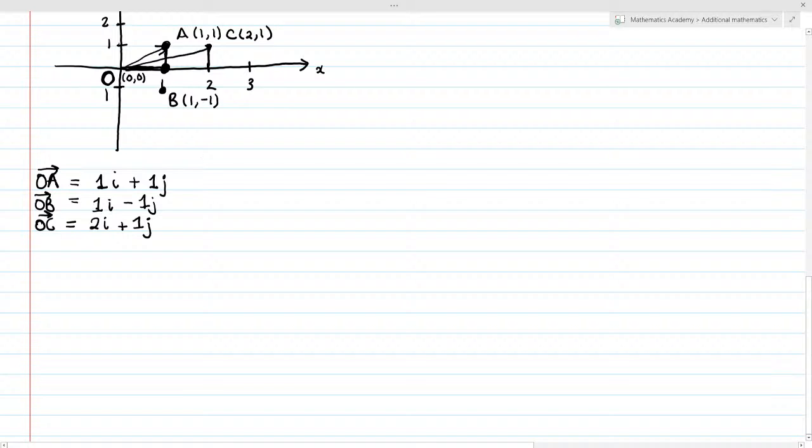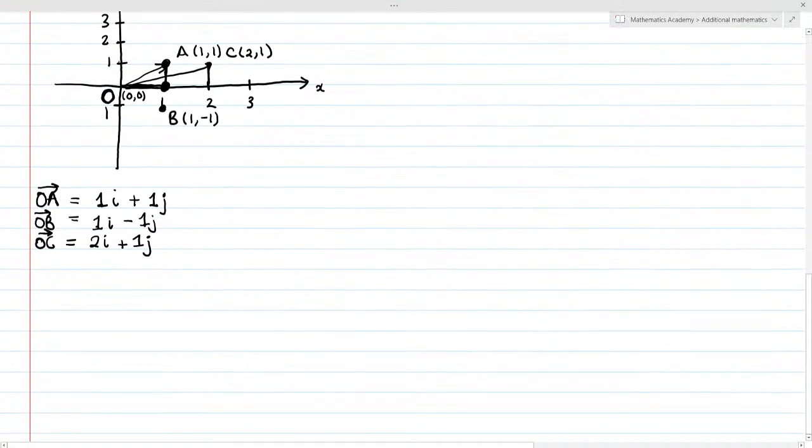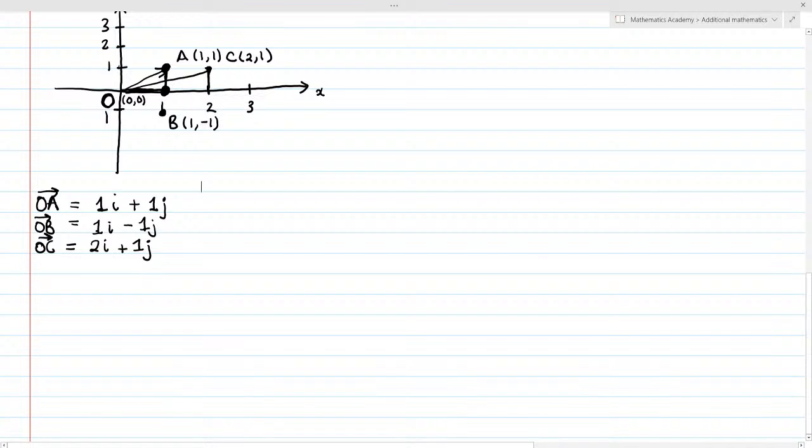So that's it. So what do we notice about all of these cases? Well, when the coordinates of a point A, for example, were 1, 1, the vector OA was 1i plus 1j, again, 1, 1. When the coordinates of B were 1, negative 1, the vector OB was 1i minus 1j, again, 1, negative 1.